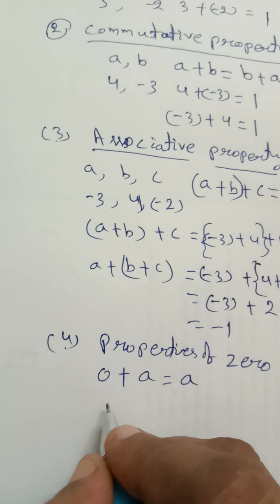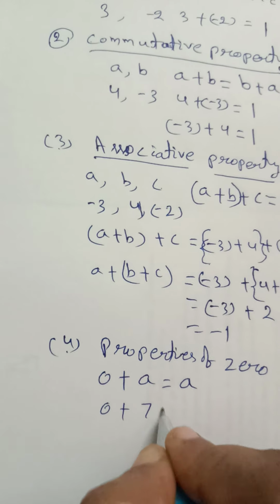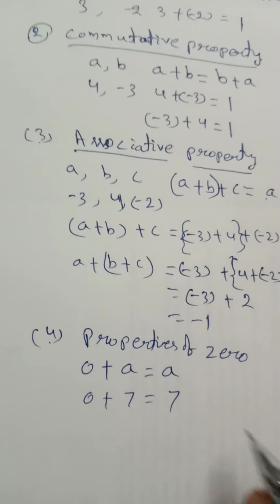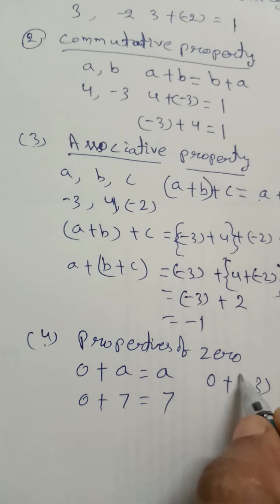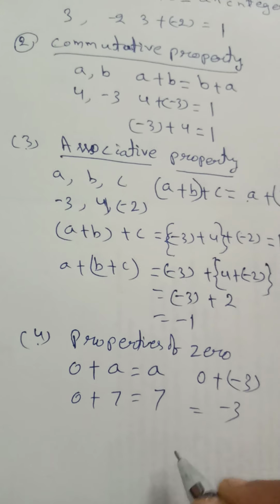We will see the example. 0 plus 7 is plus 7. 0 plus minus 3 will be minus 3.